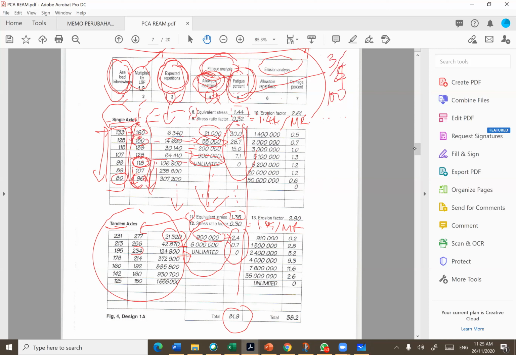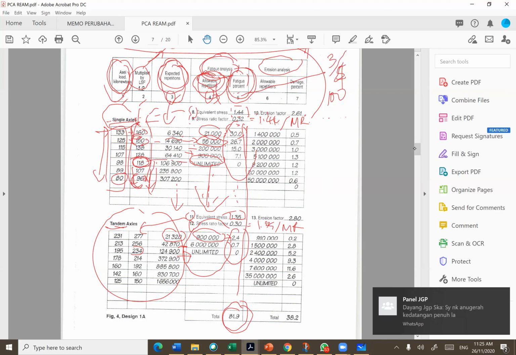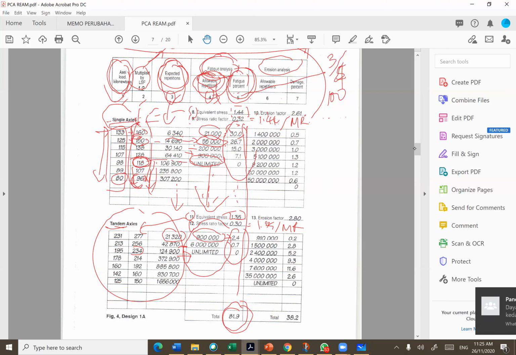Add them all up: 30 plus 26.7 plus 15 plus 7.1 plus 2.4 plus 0.7, and you'll get about 81.9%. So the damage due to fatigue is about 81.9%.